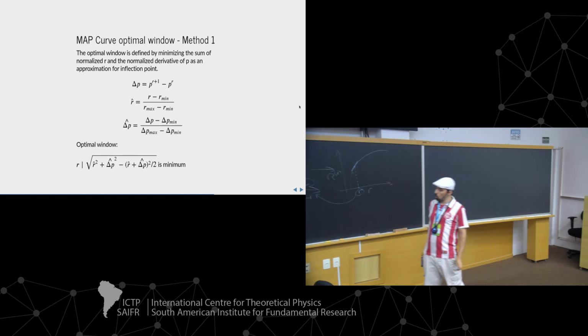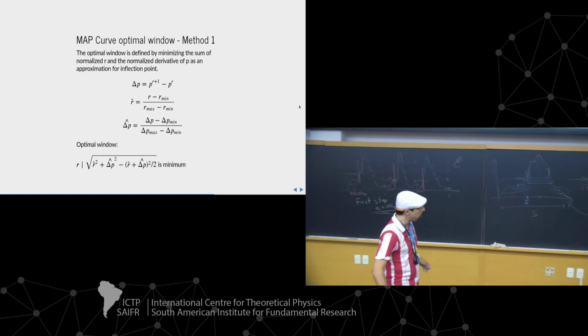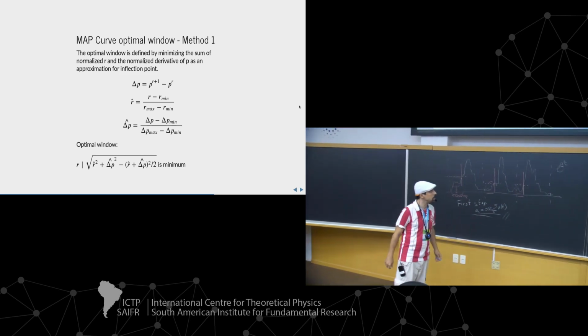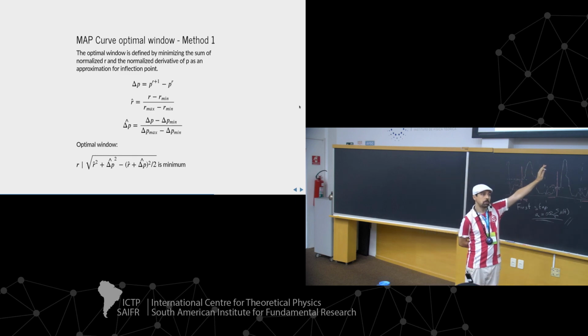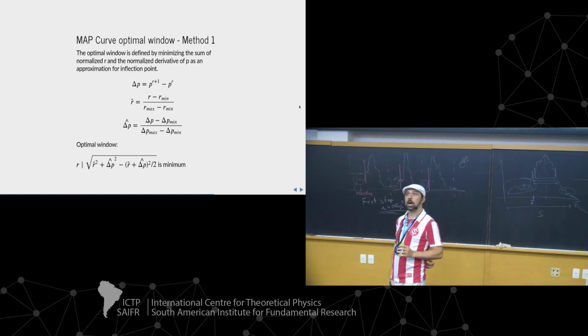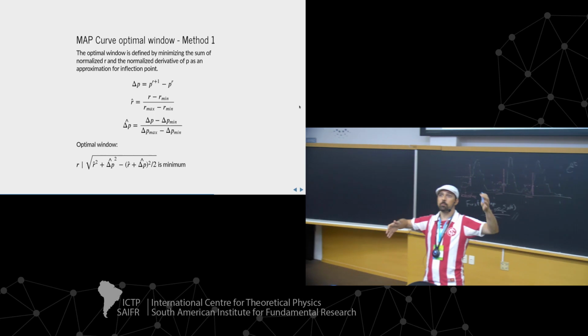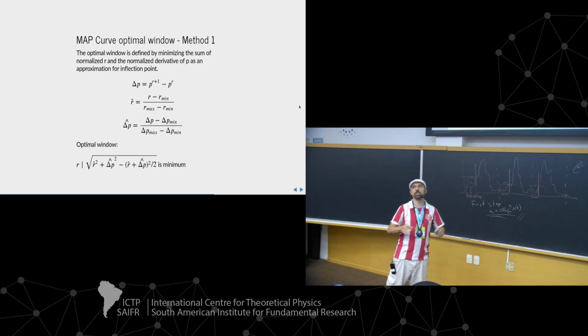One good thing about the R package provided on GitHub is that you have different methods to apply over the MEM curve to establish this characterization of pre-epidemic, epidemic, and post-epidemic thresholds. And you can play with different methods to see what fits best to your data set. It's not hard-coded on one single approach.